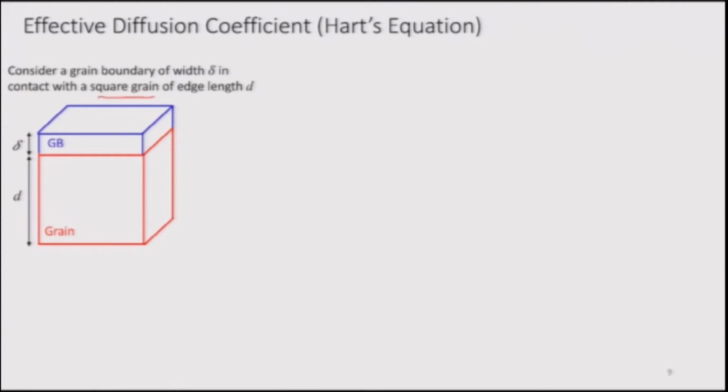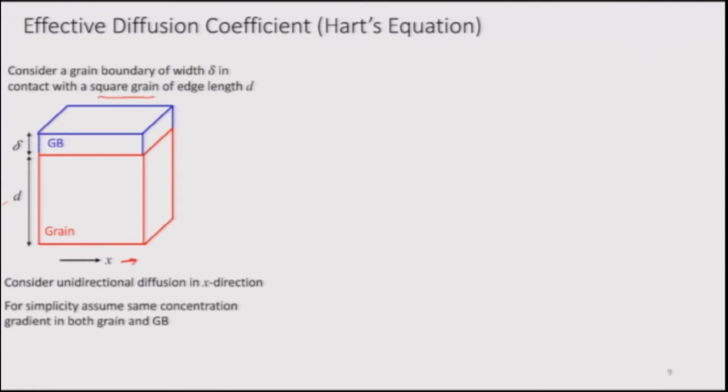The edge length of the square grain is d, which is shown here, and let us say we are considering a unidirectional diffusion along the x axis, that is from left to right. And for simplicity, let us assume that the concentration gradient is the same inside the grain boundary as well as inside the grain.